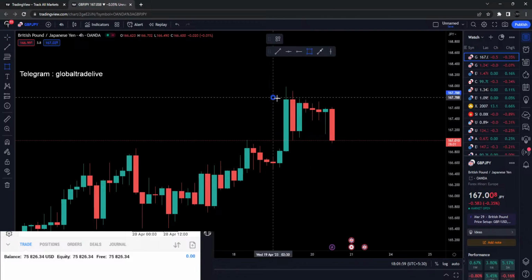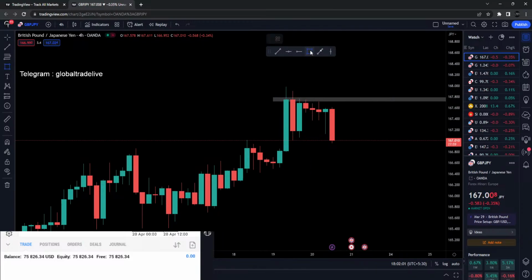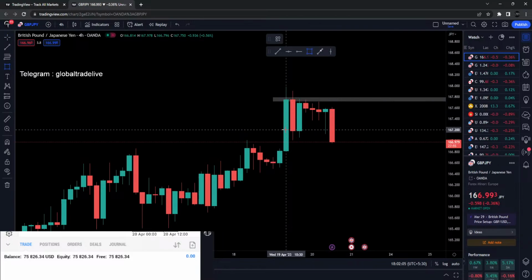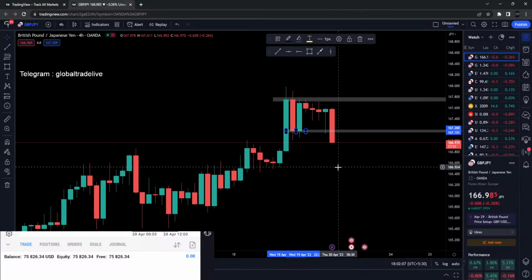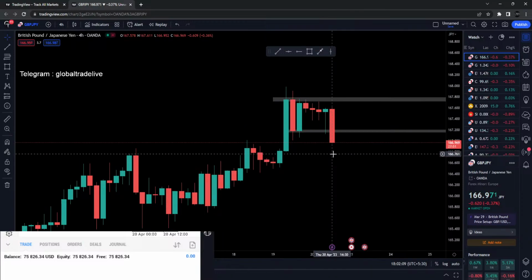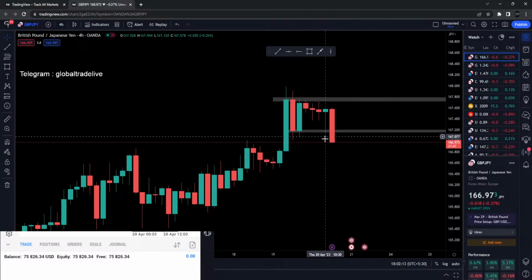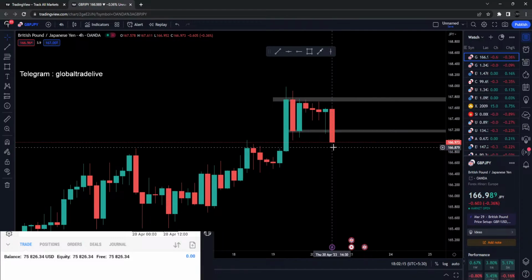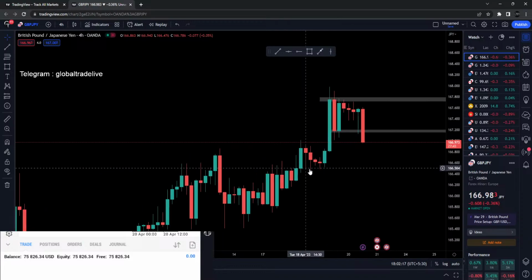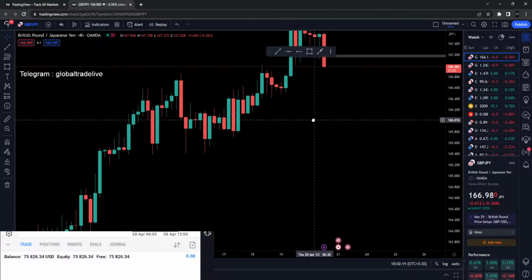Then we have some consolidation in this area, then a support down here. And if we look below, the market is now pushing the price all the way down, right?